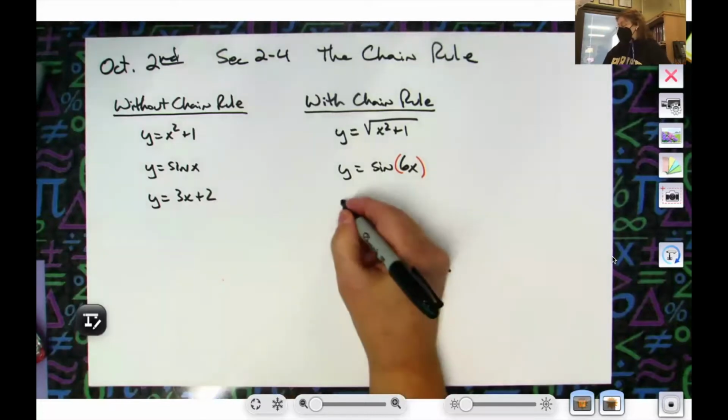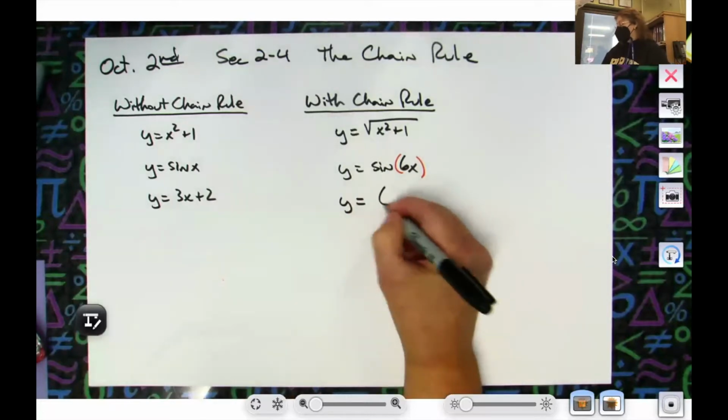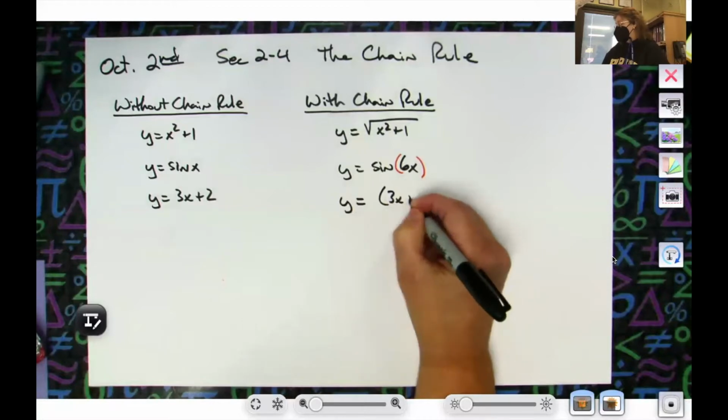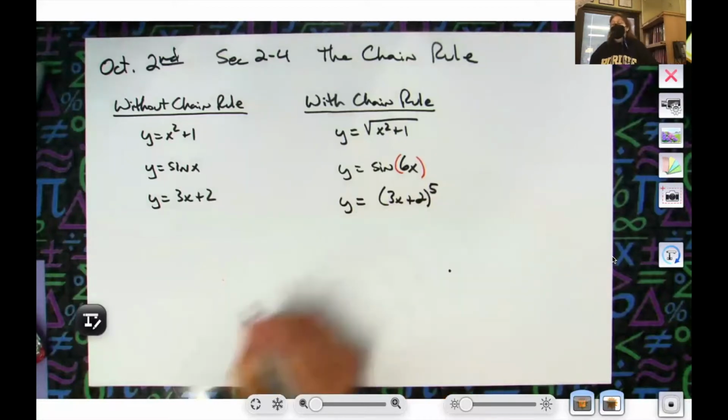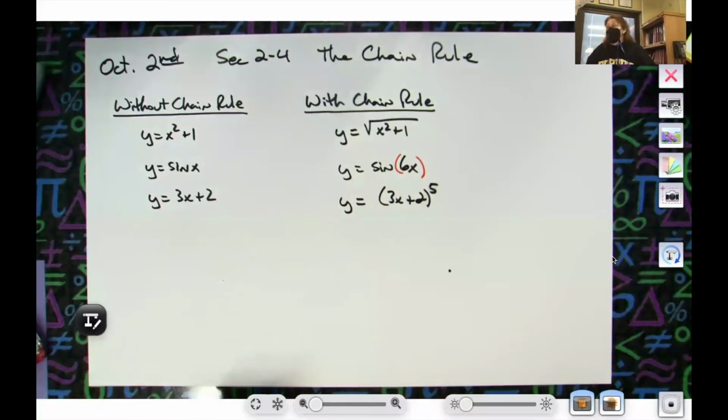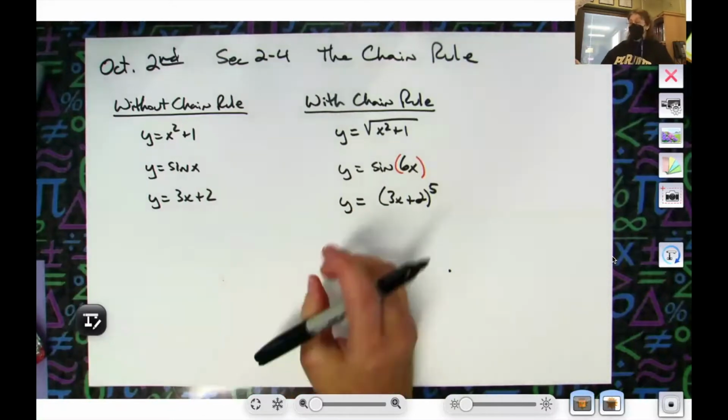If I did y equals parentheses 3x plus 2 raised to the 5th power, the inside part is 3x plus 2, and the outside is something raised to the 5th power. So we're clearly going to have an inside and an outside.